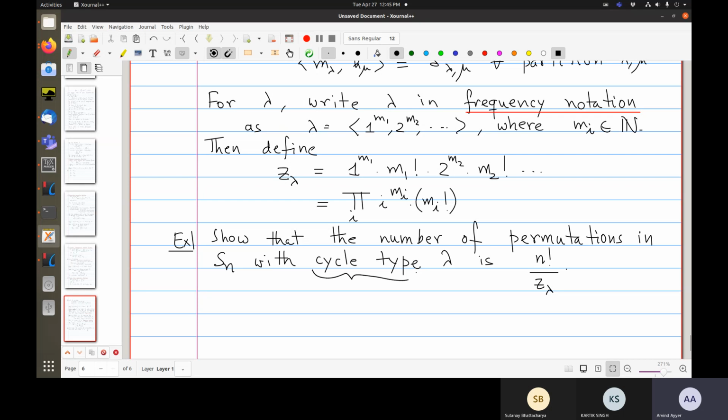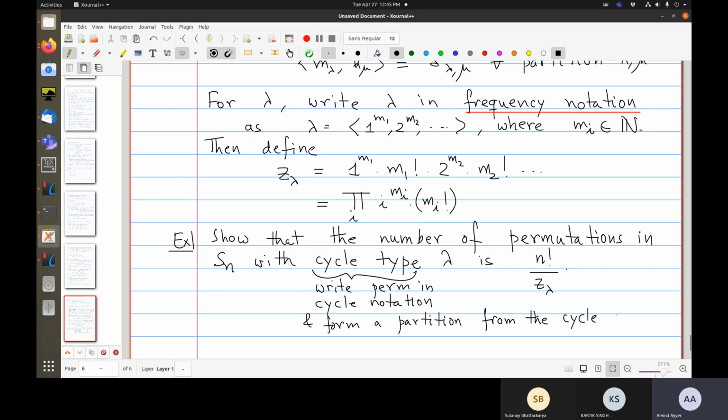So cycle type means you write the permutation in cycle notation and form a partition from the lengths of the cycles.